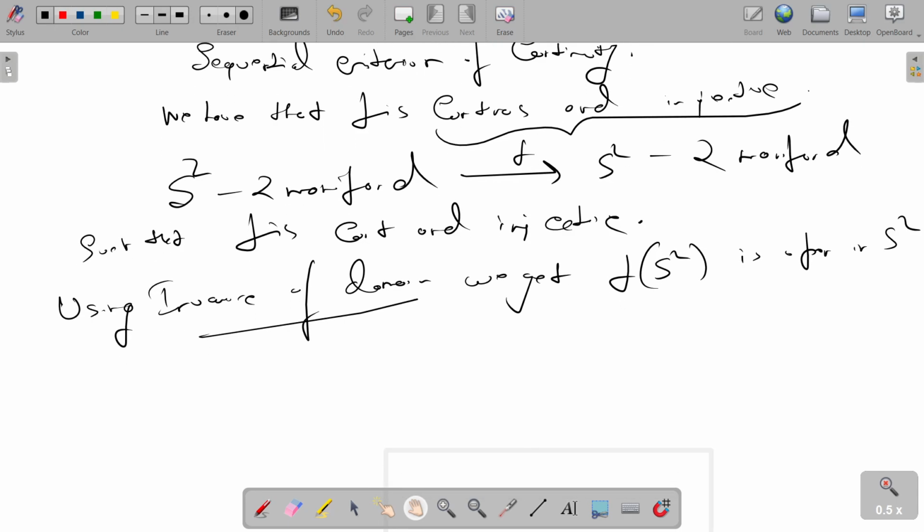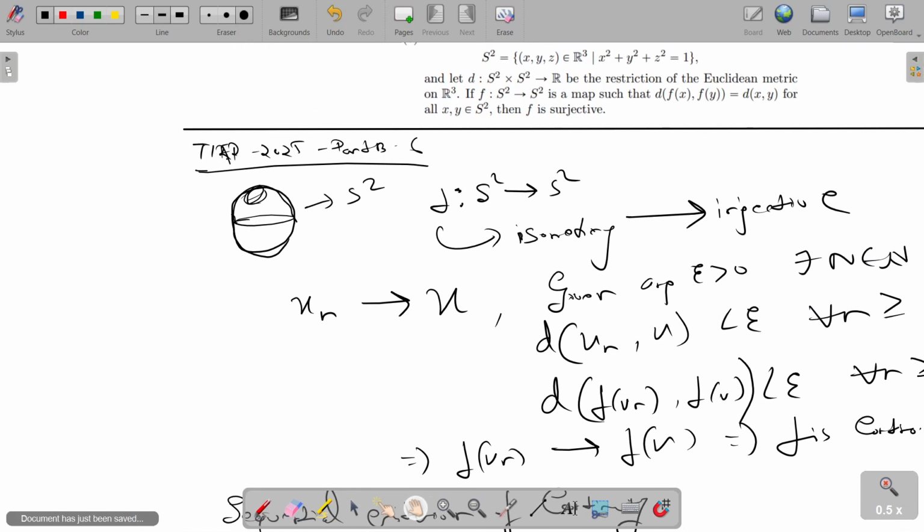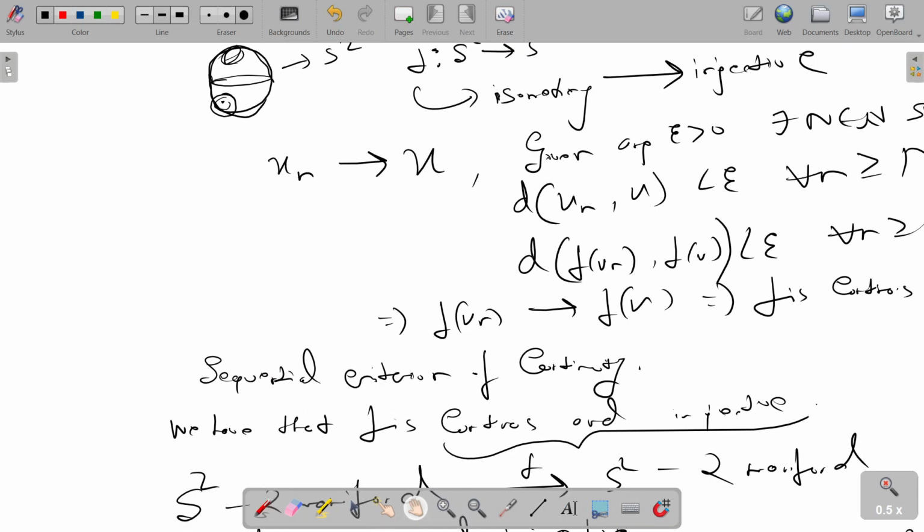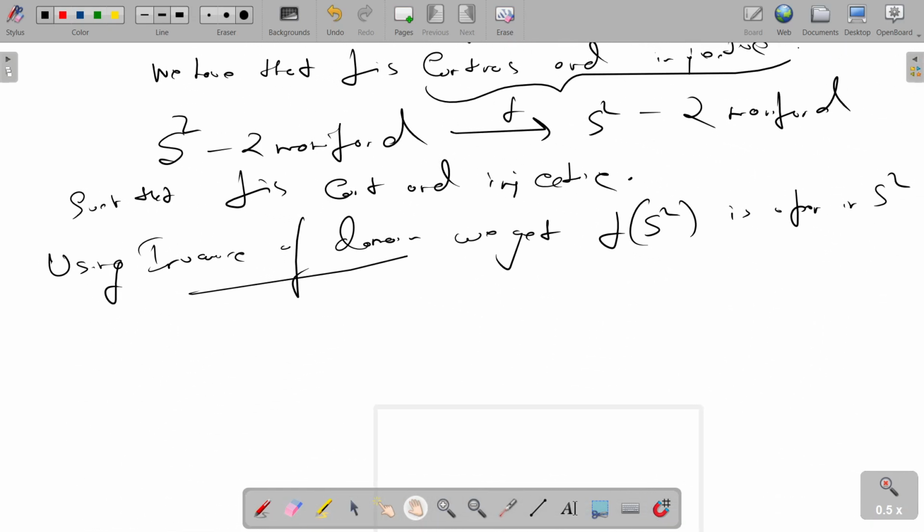Now, S square is closed and bounded. It's closed because if you take any point and take an open ball around it, it will intersect the sphere. Let me once again go back to our diagram. So since it's closed and bounded, S square is compact.